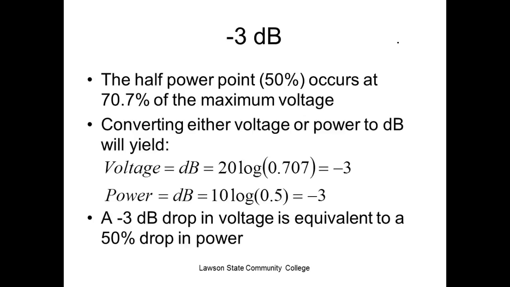I took the log of that, and it gave me minus 3 dB. I took a dB loss of 50%, right? So here I had a gain of 70.7, which was attenuation. Here I had a 50% gain of power, which is half power. And both of them came up to be what?